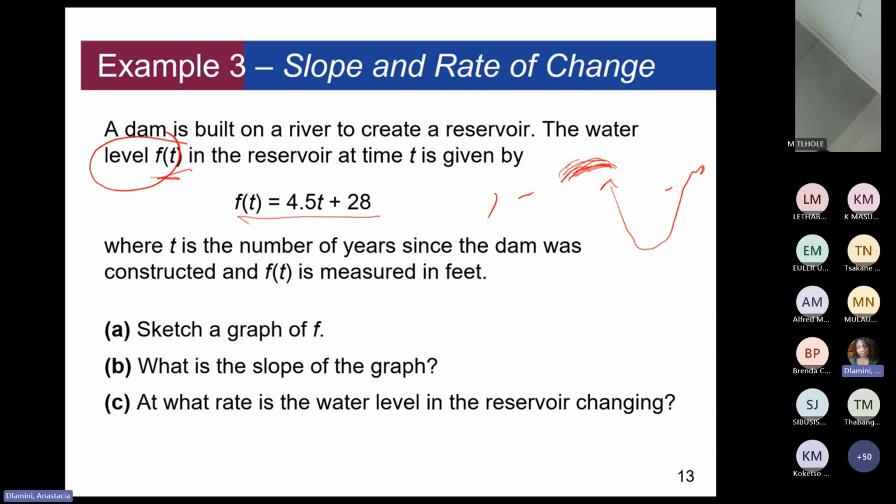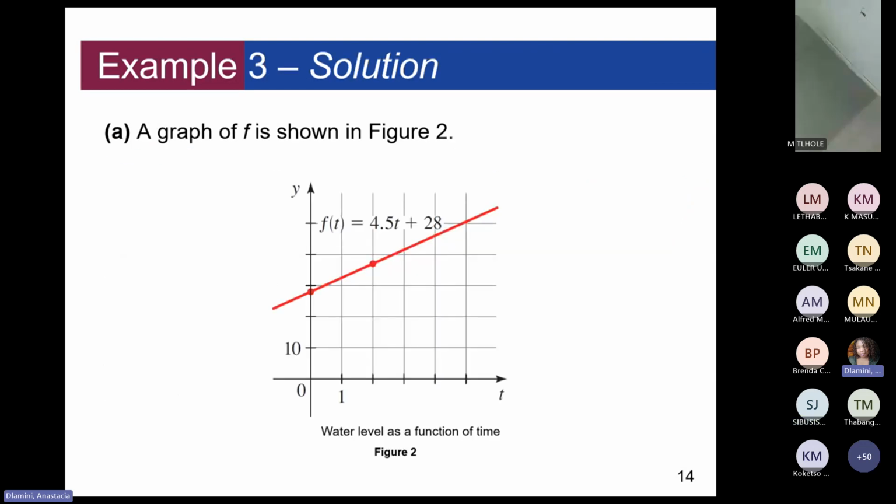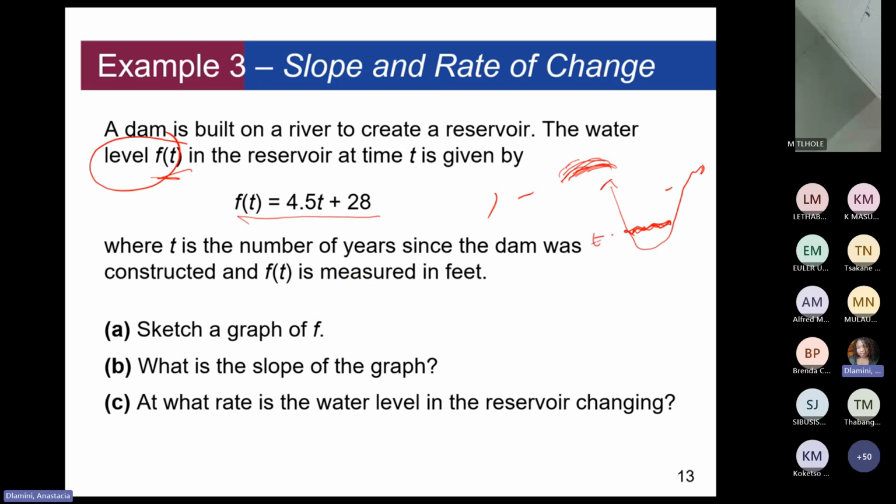So if the water is here at some time, for example after 7 minutes or 7 seconds, the water level will be here. Now, the water level at t equals 9 might not be the same as at t equals 7 altogether.